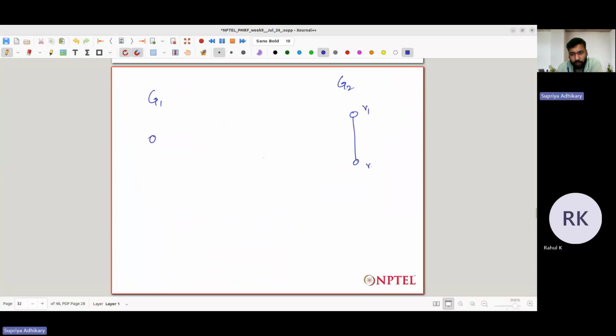So v1, v2 are basically the endpoints of this edge, and over here we have u1 in G1. Now corresponding to this setup, we will have an edge from (u1, v1) to (u1, v2).